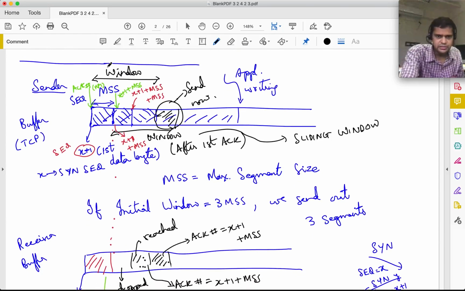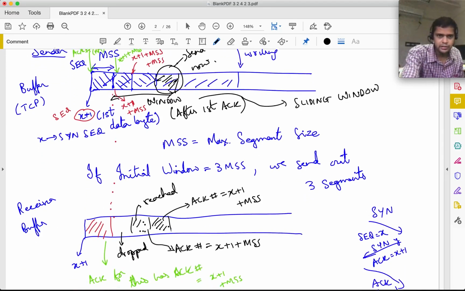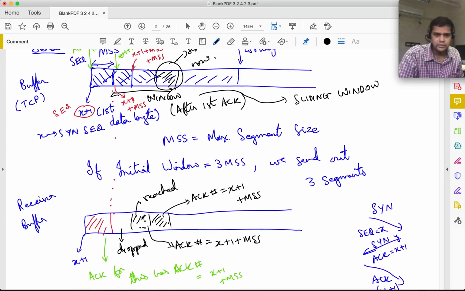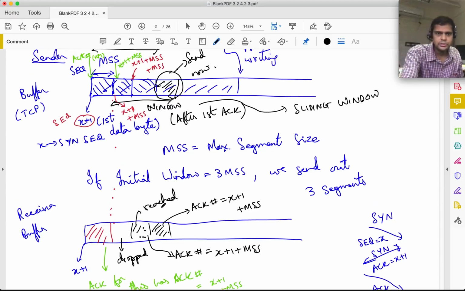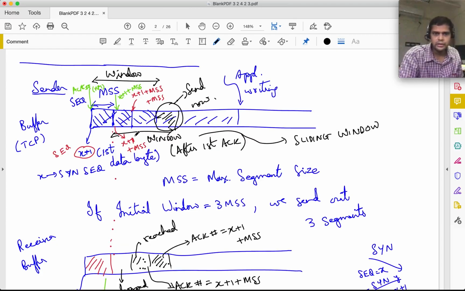So this is the basic window mechanism. The window slides to the right. Whatever is your last acknowledgement number, beyond that you are allowed to send window amount of bytes into the network. So in this particular case, even though we got back these duplicate acknowledgements, we couldn't push the window further to the right.